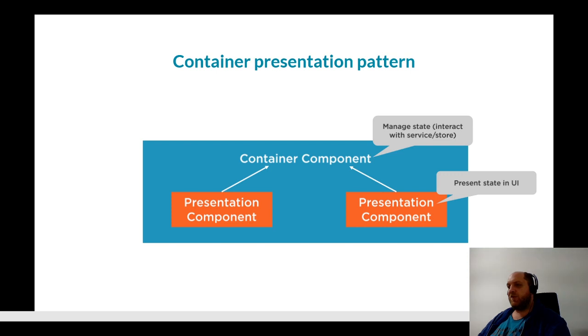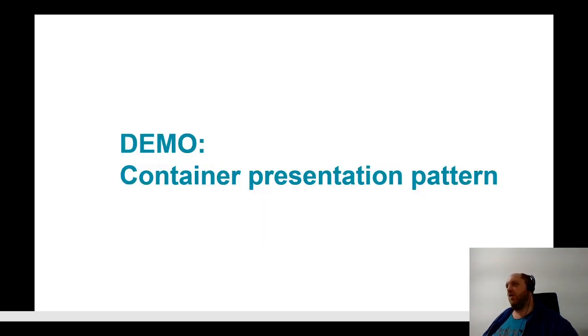And we have the presentation components, which are merely there to present the data. They won't interact with services at all. They will simply present data. And we can also use this type of container presentation in Blazor.